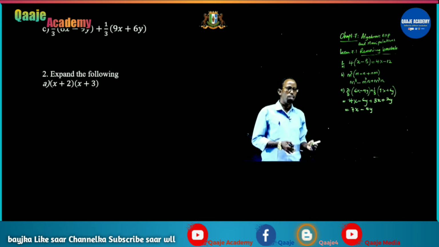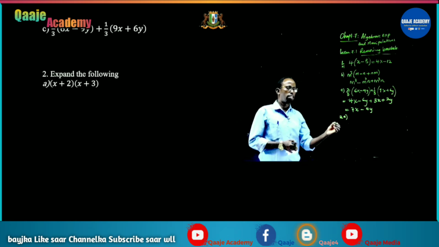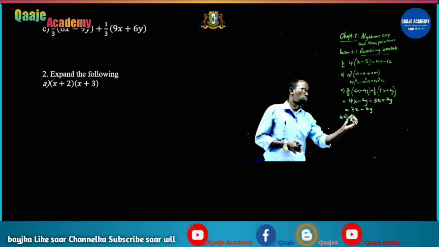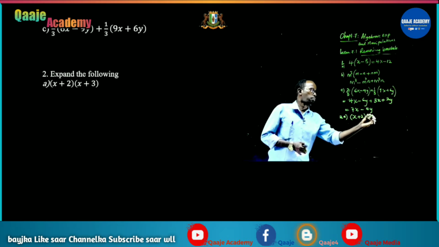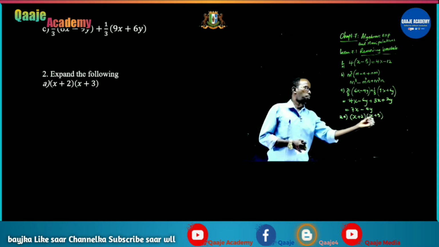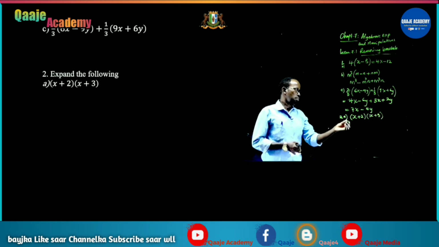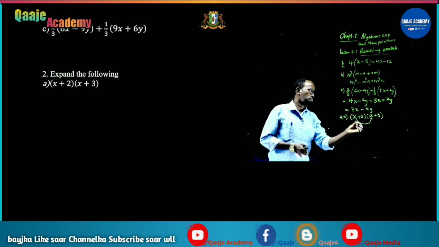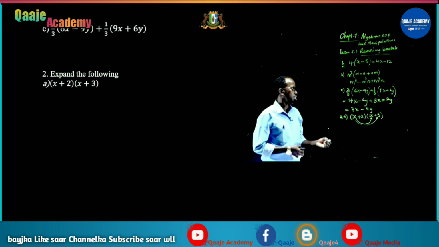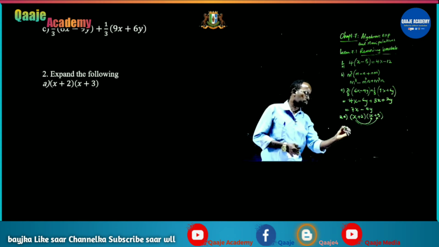The next one, example 2a: expand the following, x plus 2 and x plus 3. There are several ways. Method 1: you multiply each term. Start with x multiplied by x and then x multiplied by 3, then 2 multiplied by x and then 2 multiplied by 3.